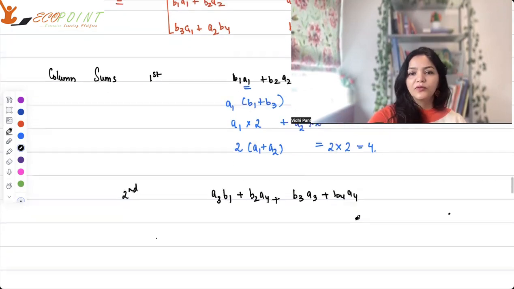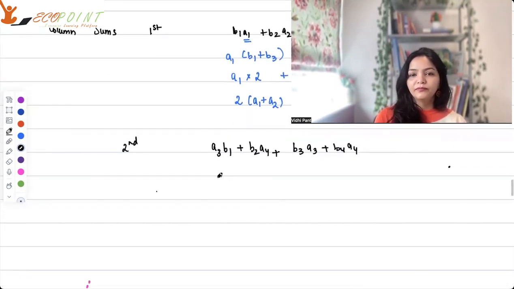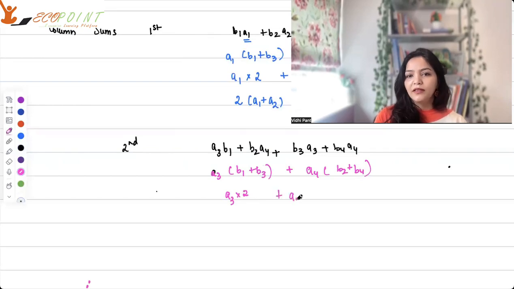And here also, if you observe, you will be able to take common. So A3, if I take A3 common, I get B1 plus B3, just like the previous case. And if I take A4 common, I get B2 plus B4. Again, B1 plus B3 is 2. So it's A3 into 2 plus A4 into 2. So that means 2 comes out common and you have A3 plus A4, and I know that A3 plus A4 is 2. So ये बन गया आपका 2 into 2, 4.